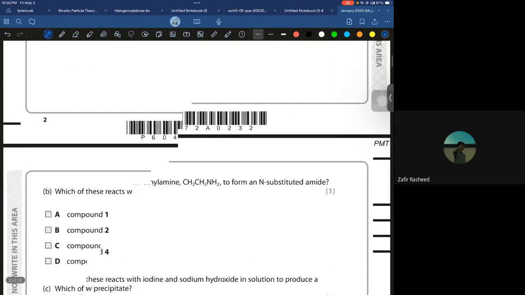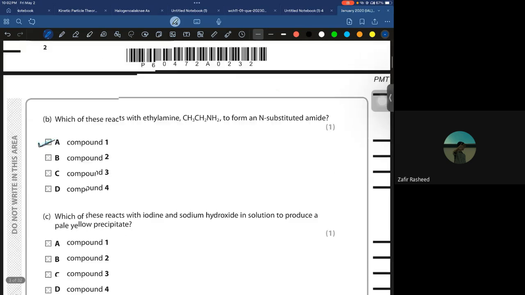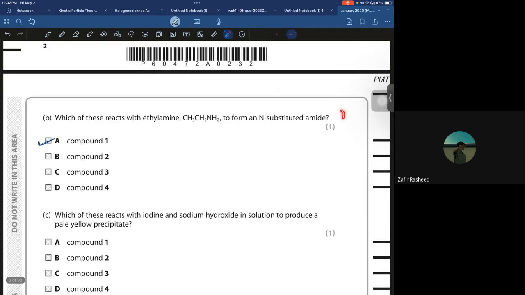So I would write compound 1 again. It's going to produce this product. The thing in this question is that amines are going to react with the stronger partial positive center, that is your acyl chloride, and they do not react with amide.